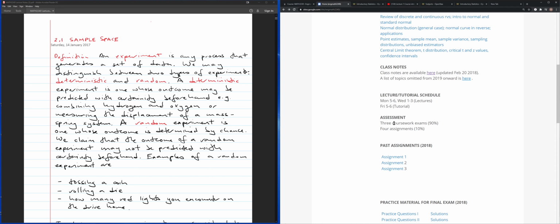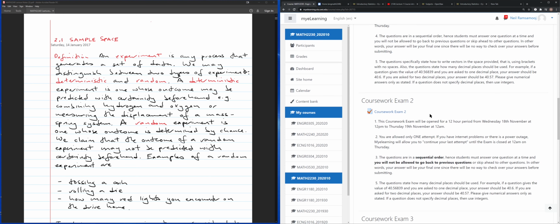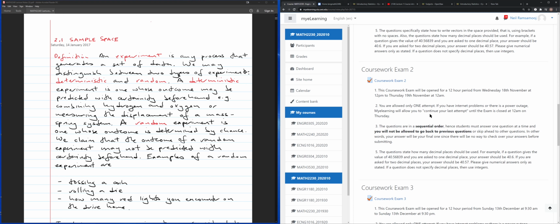The coursework exams would be implemented on MyeLearning, similar to the structure of what you did for 2230. In particular, you're going to have 12 hours to do them, and there would be questions of a similar format to what you saw in 2230.